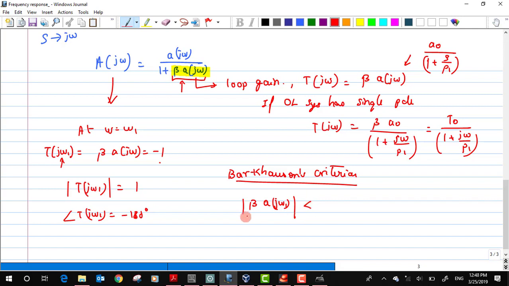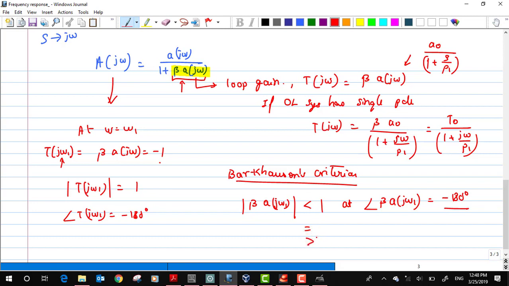If the magnitude of this loop gain becomes less than 1, but the phase angle at the same frequency is around 180 degrees, which I can write as the phase of beta A of j omega 1, then the system would be stable. But if I couldn't satisfy this, either it is equal or it is greater, then the system will go into an unstable condition.